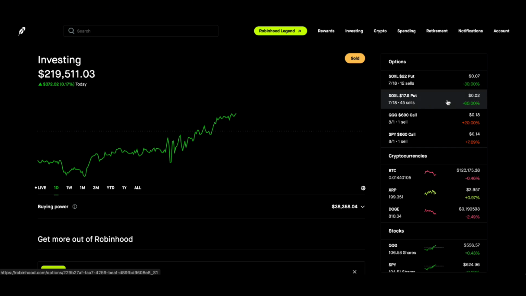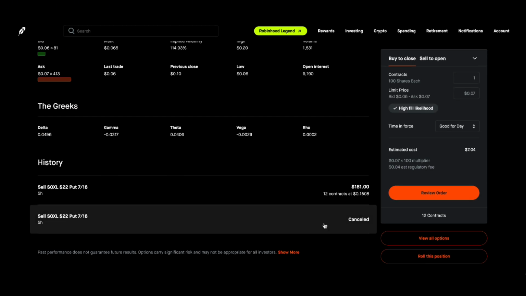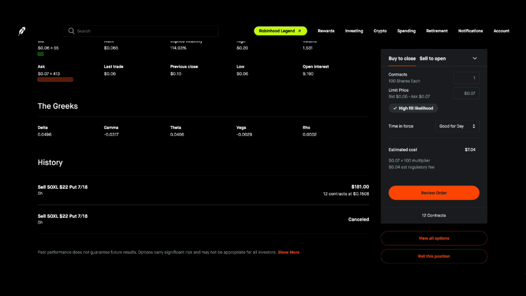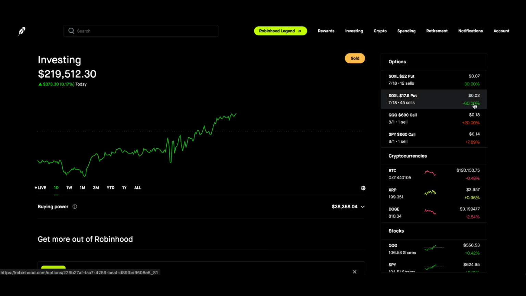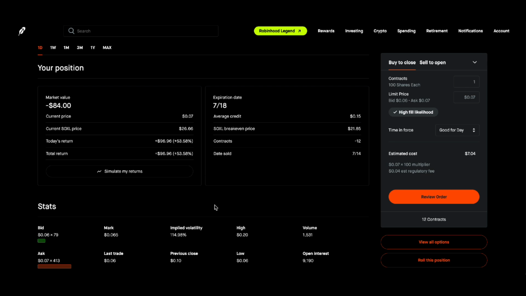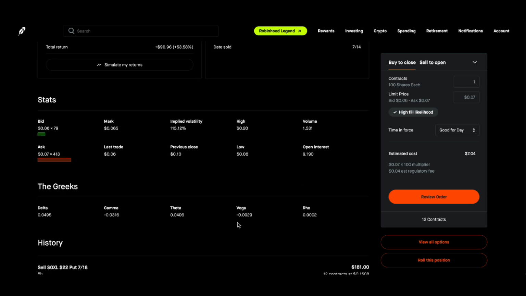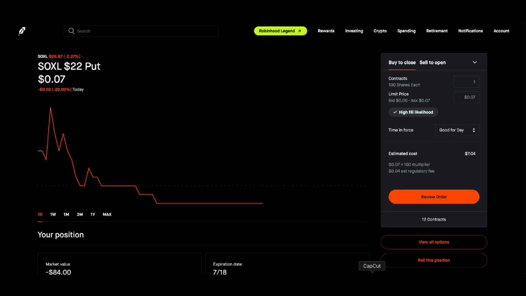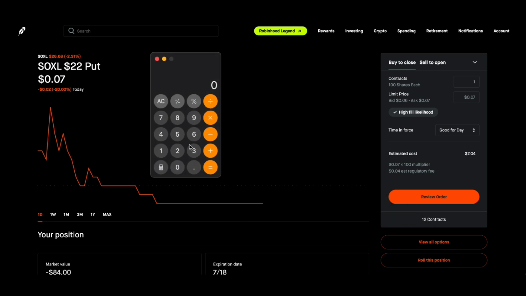If you think about the bigger picture, I made $181 here with these 12 contracts, and I made $90 here. So I totally made $270 with just $26,000 of my investment. $26,000 comes from the simple math of $22 per share for 1,200 shares, which is $26,400.